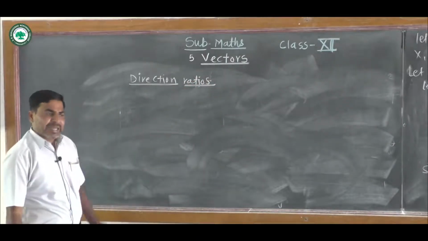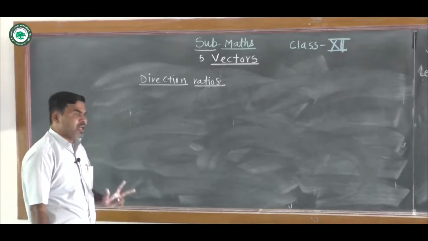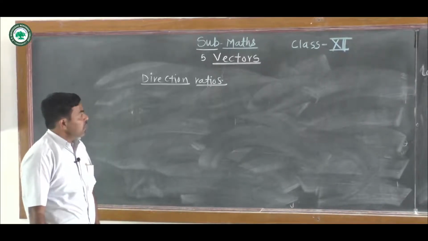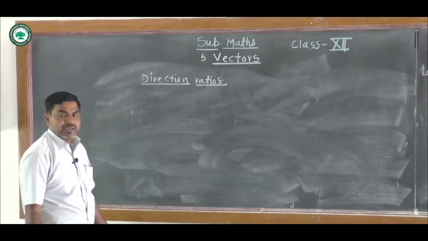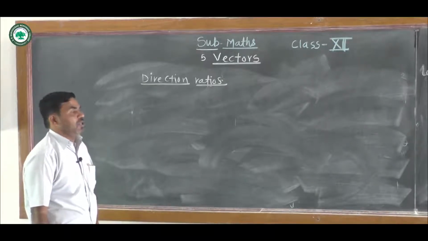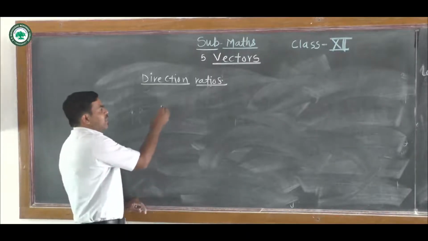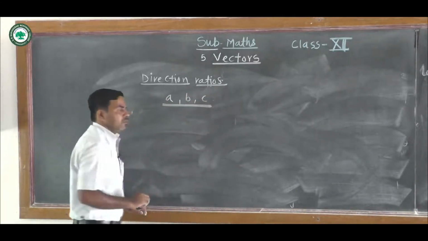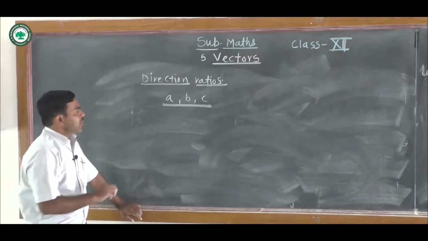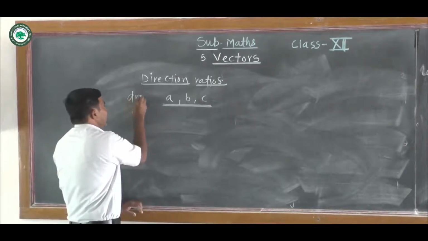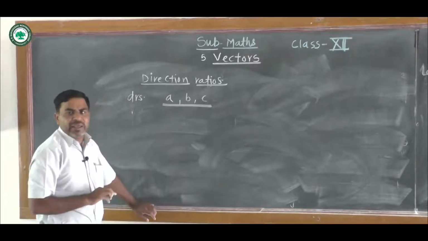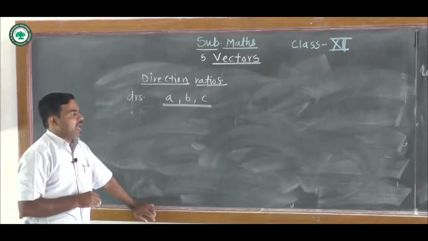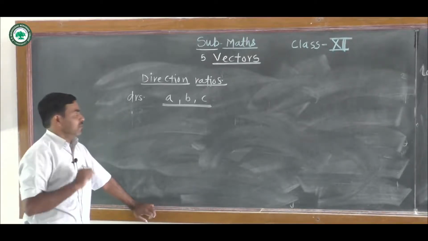Direction ratios are three numbers which are proportional to the direction cosines. The numbers which are proportional to the direction cosines are called direction ratios. In general, direction ratios are denoted by small a, small b and small c. These a, b, c are direction ratios, and direction ratios are abbreviated as DRs. Similarly, direction cosines are abbreviated as DCs.